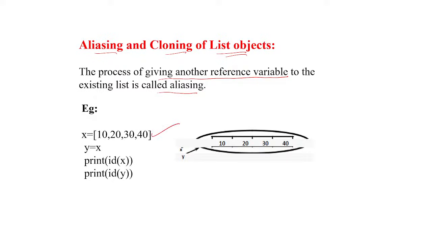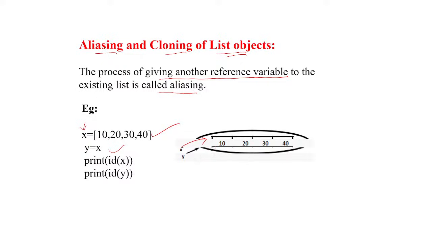Assume that my list 10 20 30 has a name called x. Now if I say y is equal to x, then y also points to the same list object containing these elements. x is pointing to this list object. Then when you say y is equal to x, it won't create one more list.